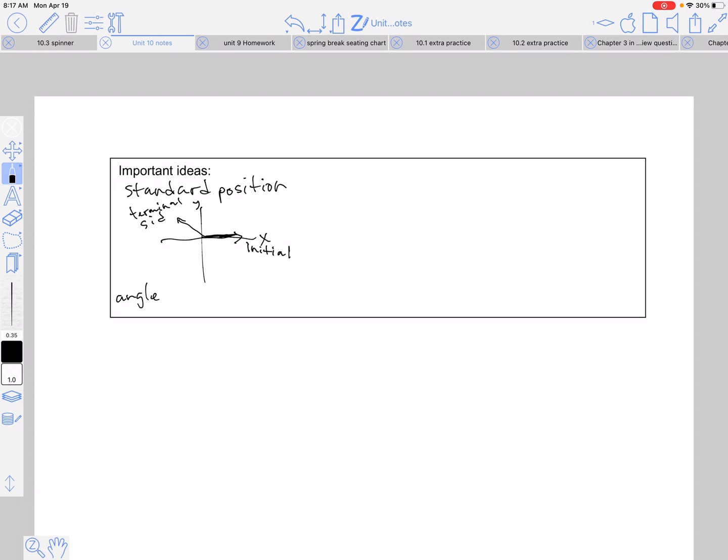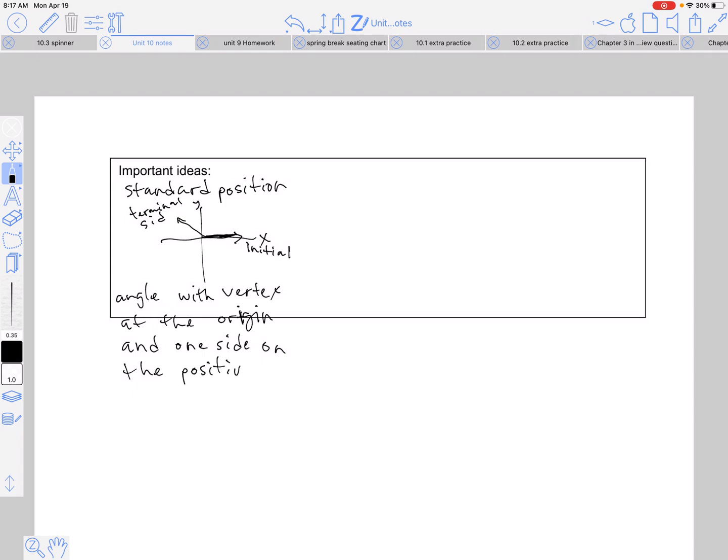Now putting that all into words, it's an angle with a vertex at the origin, and one side on the positive x-axis.